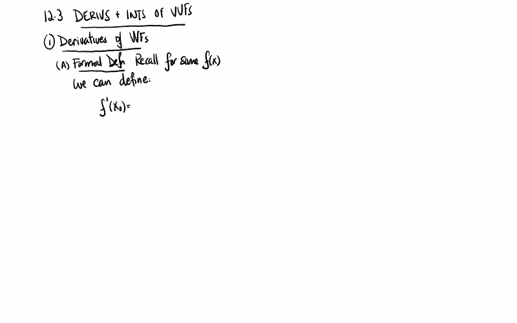There are a couple of different ways you can do this, but one way is the limit as h goes to 0 of f of x0 plus h minus f of x0 over h.